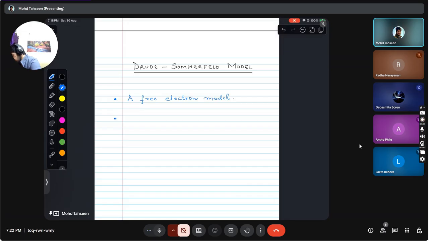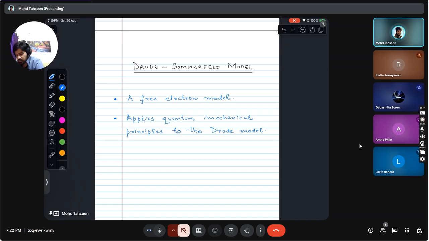Number two, it applies quantum mechanical principles to the Drude model. That is the correction that it imposes.